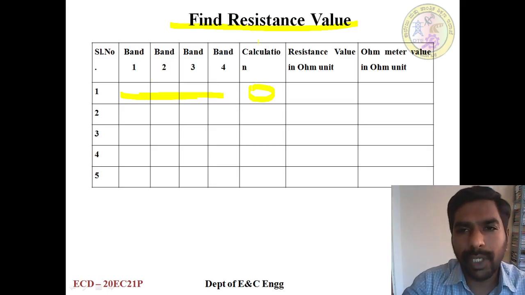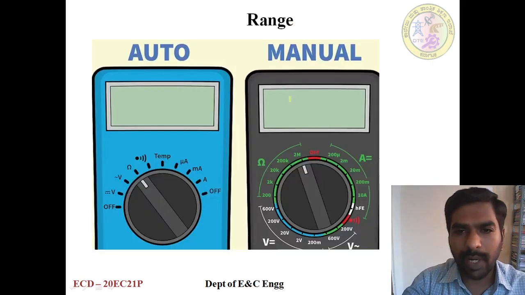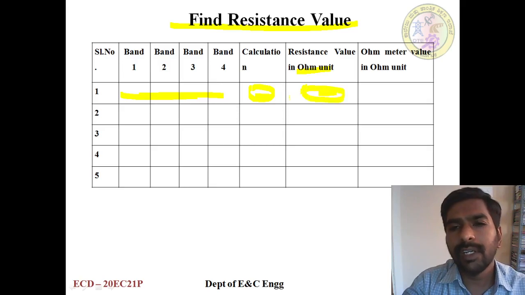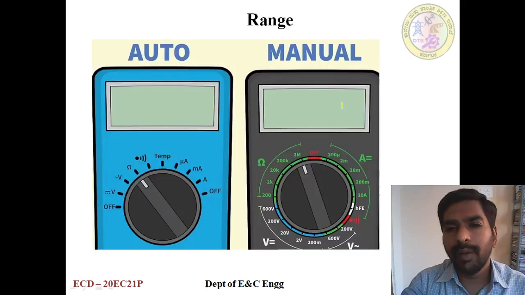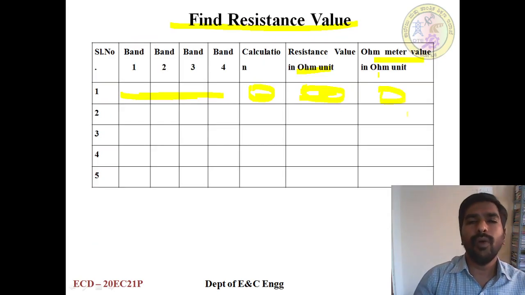Then, using the same resistor, measure the reading with the help of an ohmmeter and note down whatever it displays on the meter. Note down the calculated resistance value here and the ohmmeter value measured with the multimeter, and find out how much difference there is.